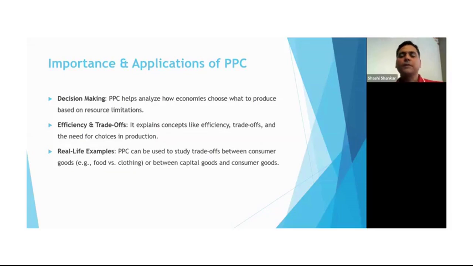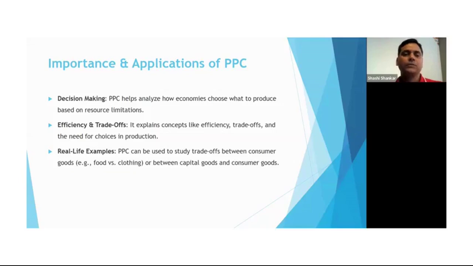Capital goods are fixed assets, or goods that are useful for further production. So it helps to study trade-offs between capital goods and consumer goods, and on the other side, food versus clothing for consumer goods.